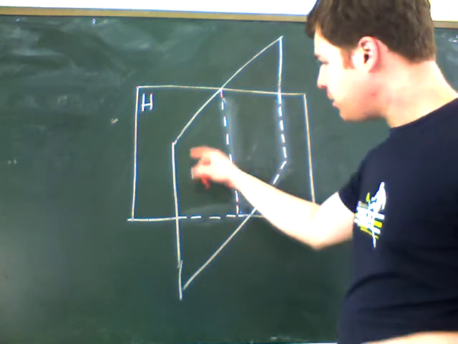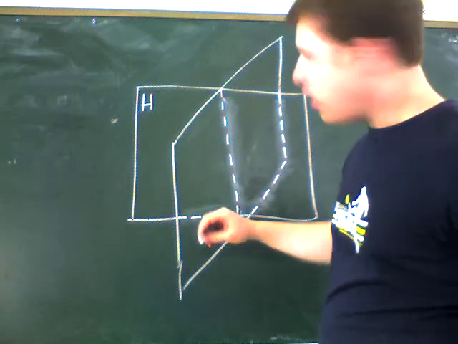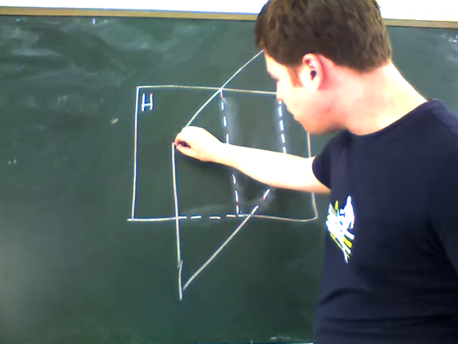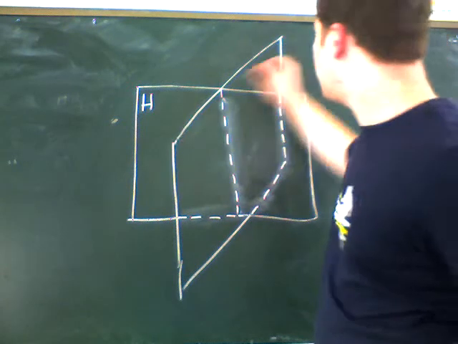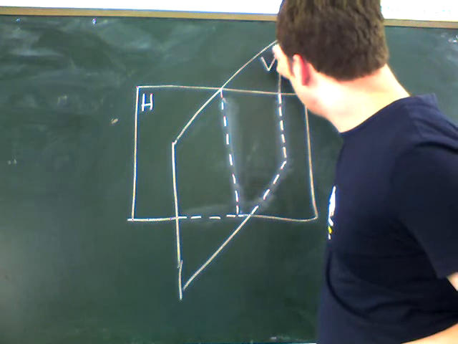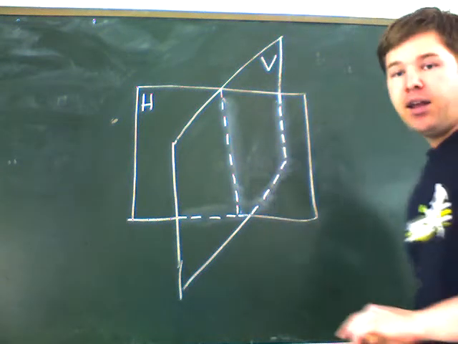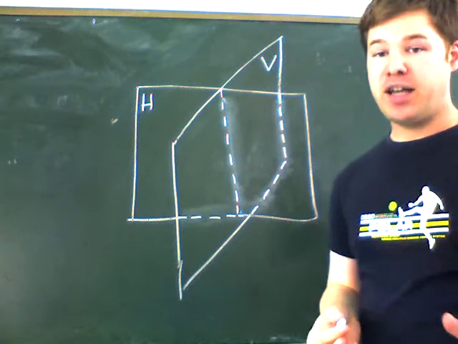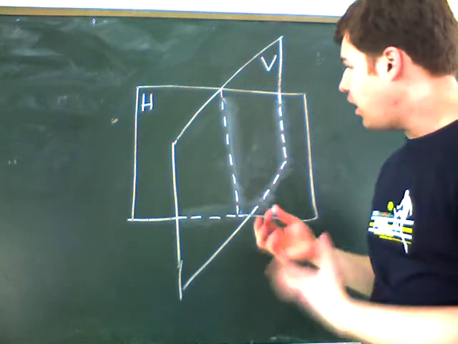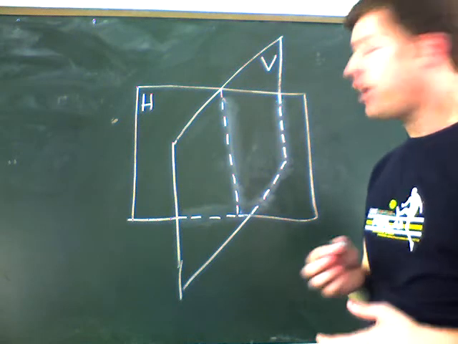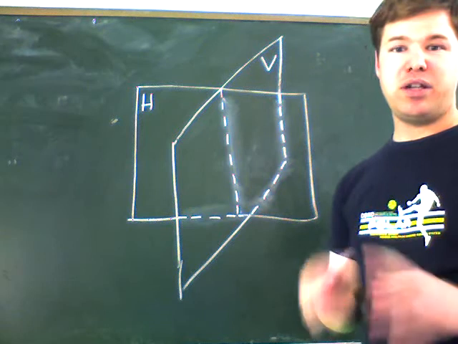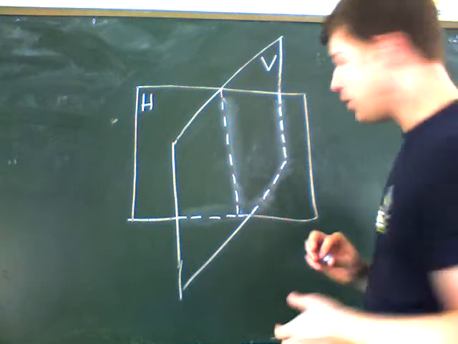And this plane right here, we're going to call that V for vertical plane. Of course, depending on your orientation to this diagram, it depends on which one is horizontal and which one is vertical. Okay.